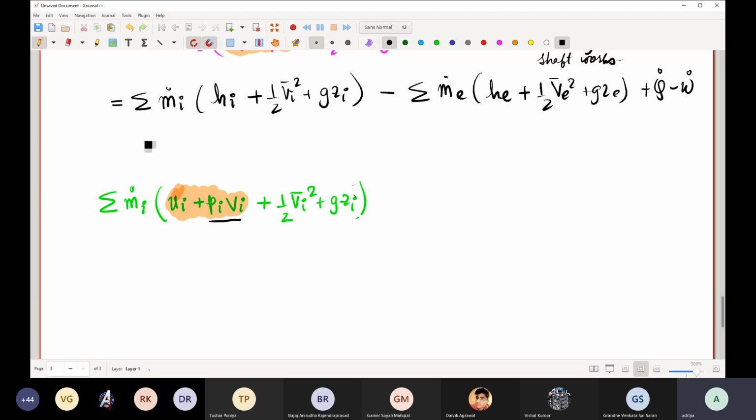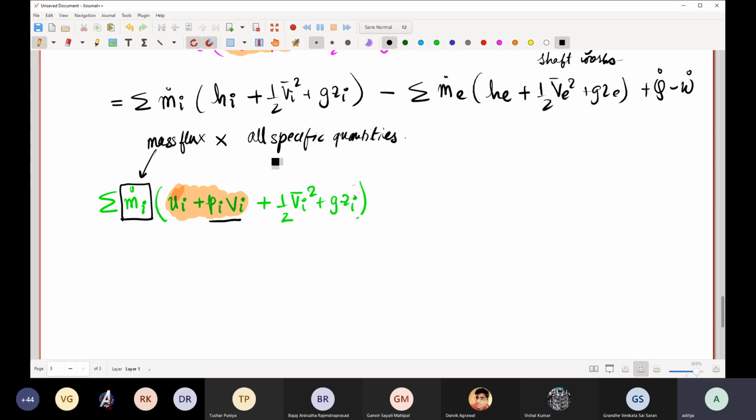the total incoming energy into the system. Total, in totality. It comprises the mass flux times all the specific quantities which the mass flux is bringing into the system.